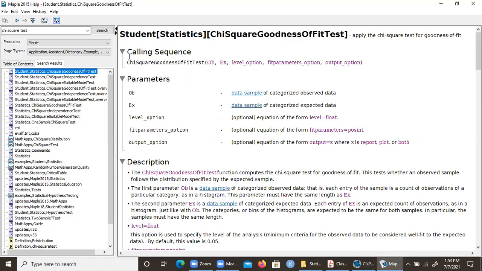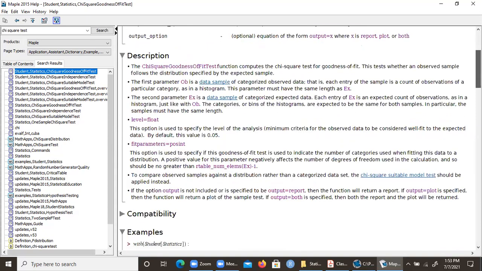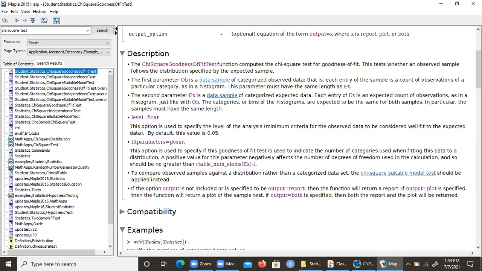Once we click on it, the page explains the observed frequencies and the expected frequencies, a little bit about the chi-square goodness of fit test that I explained just now.